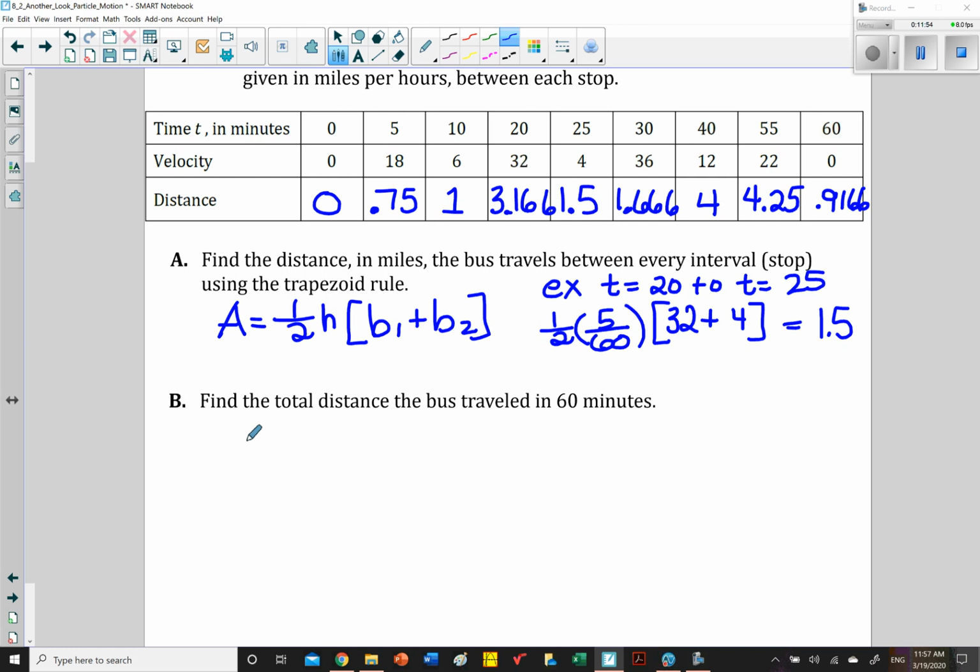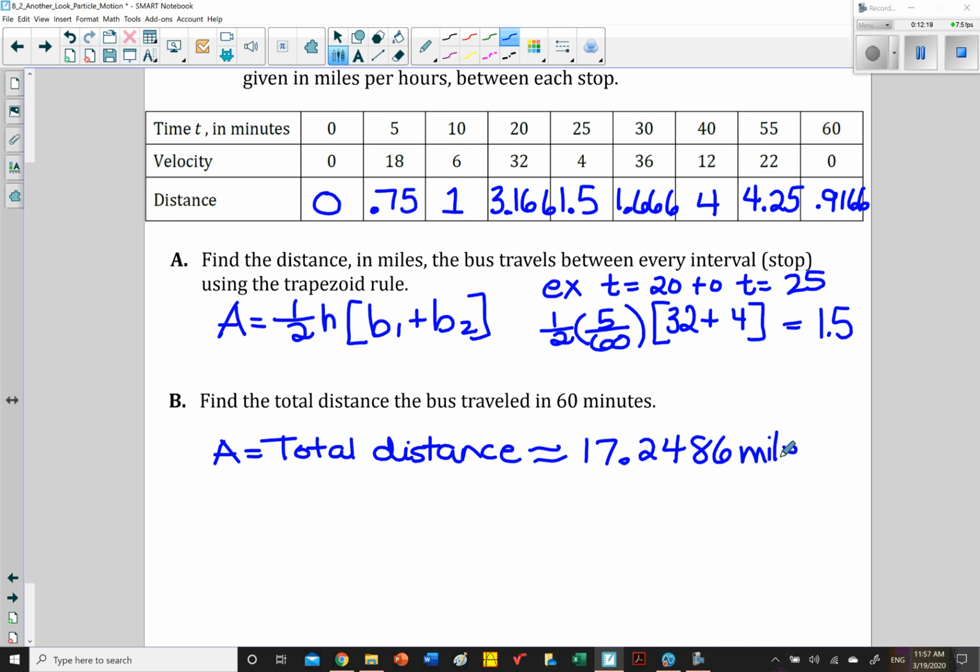And then to find the total distance the bus traveled in that 60-minute interval, we would add up each one of those areas to get the total distance. The area would be the total distance traveled. And I get roughly 17.2486 miles. Hopefully we're in agreement on that.